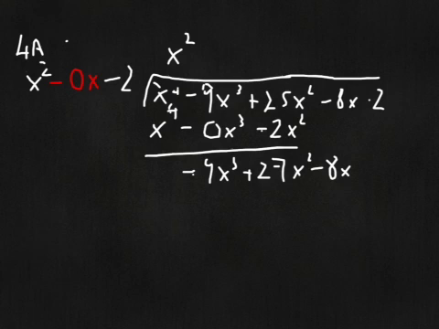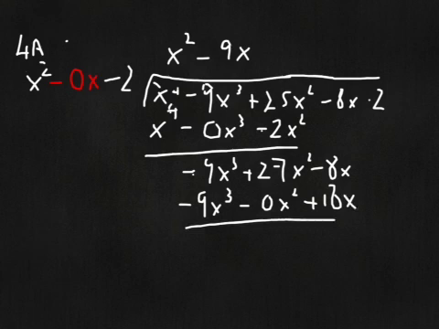Now repeat the exercise. x squared into minus 9x cubed goes minus 9x times. Multiply minus 9x by each one of these terms, and you get minus 9x cubed. Minus 9x times minus 0x is 0x squared, and minus 9x times minus 2 is plus 18x.